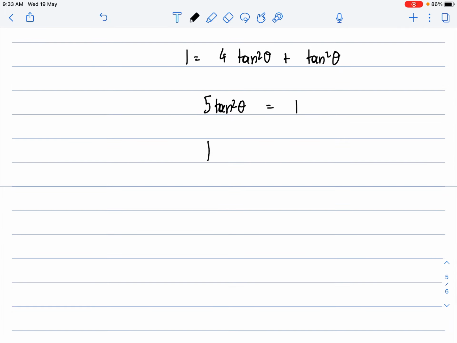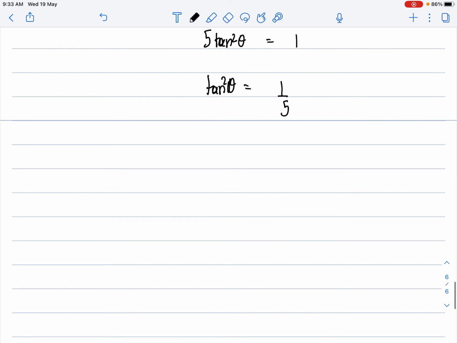So now I can write this as tan square theta equals to 1 over 5, which I can basically write as tan theta equals to the square root of 1 over 5.